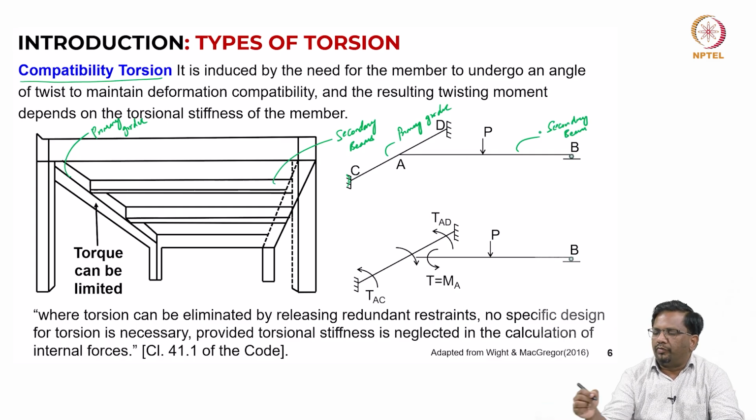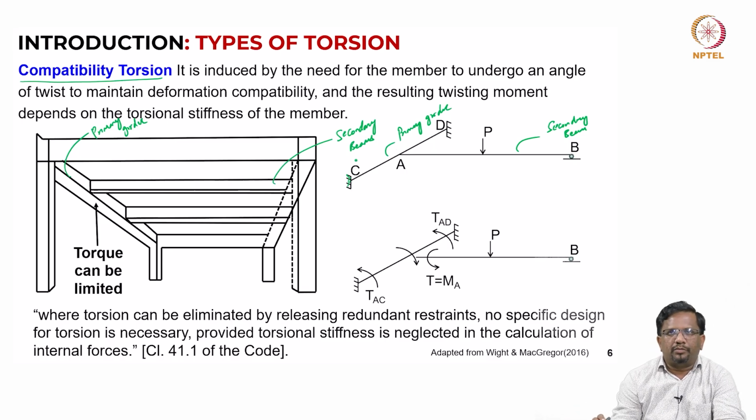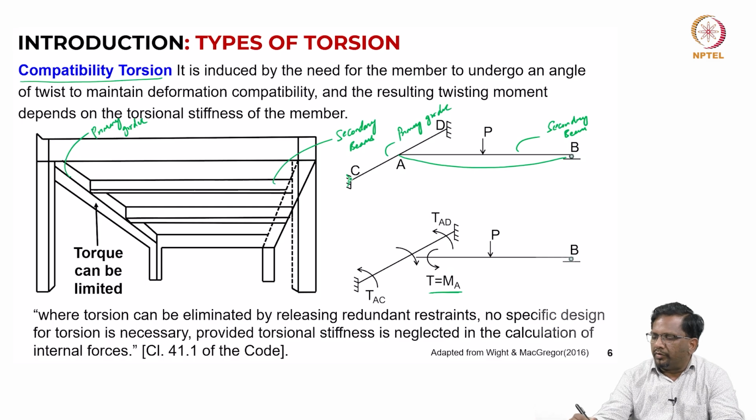For the load P that is applied on the secondary beam AB, if we take the free body diagram, this joint A is connected with the beam CD. So, at this joint I am going to have a flexural moment. Let us assume that it is a rigid joint. That is going to develop a flexural moment, because the beam is going to rotate like this, and along with this, this is also going to rotate. So, this rotation is going to be there.